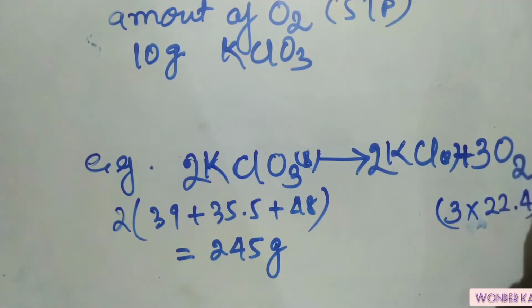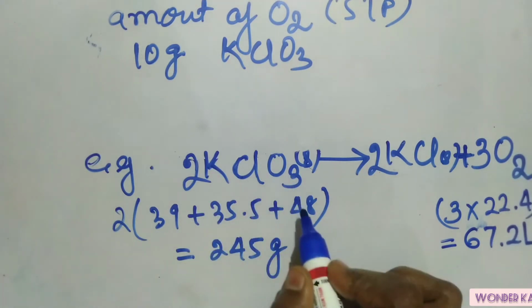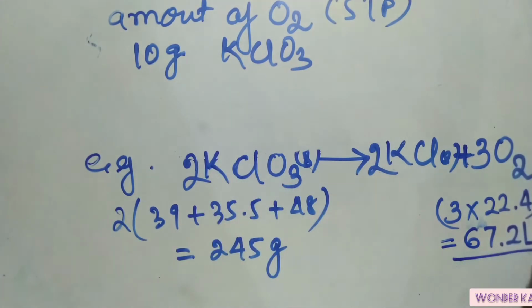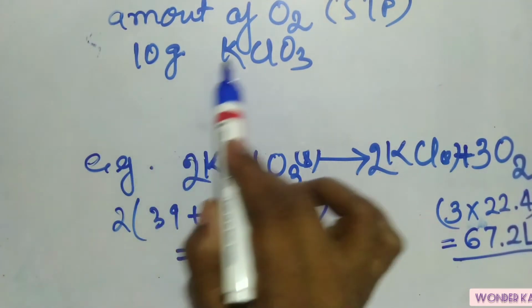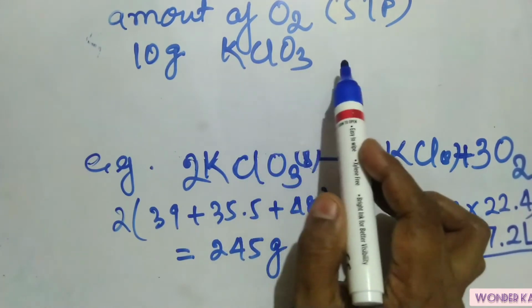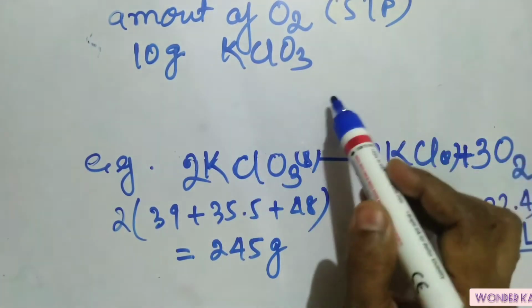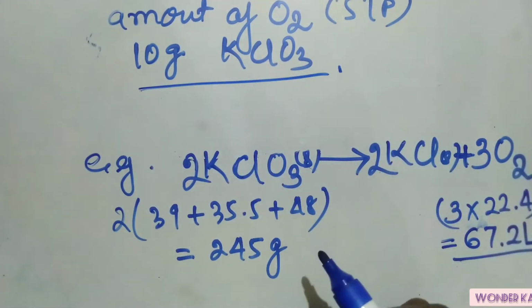Because this is a gas, we should express it as volume, and it comes to 67.2 liters. So from this equation we know that 245 grams of potassium chlorate when decomposed gives 67.2 liters of oxygen. Now you can find out by using the unitary method how much oxygen 10 grams of potassium chlorate would give.